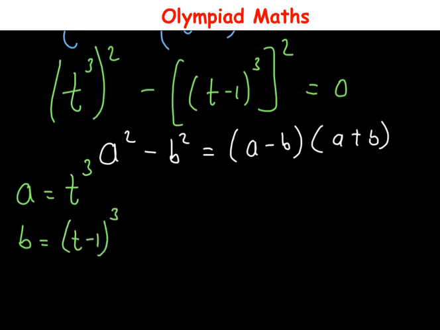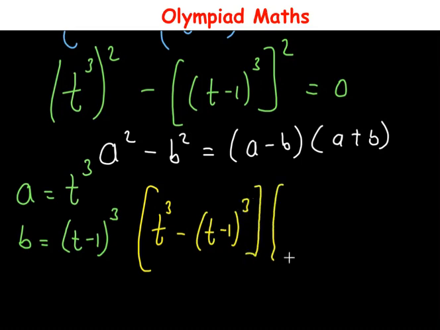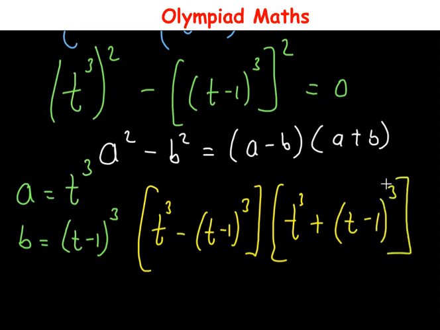So expanding this, we then have (a − b), where a is t^3 and b is (t − 1)^3, multiplied by (a + b), where a is t^3 plus b, which is (t − 1)^3. All of this is equal to 0.